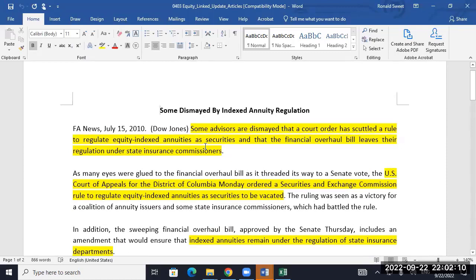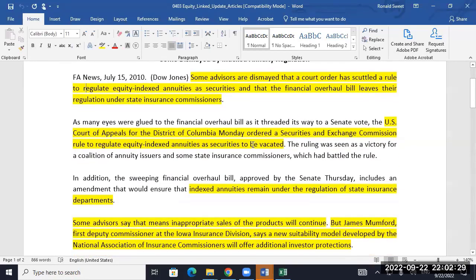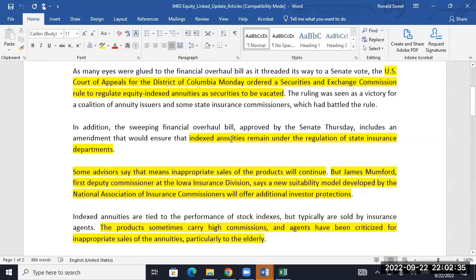There was much discussion this May, as they say here, that the SEC did not come in and regulate this. Some advisors are really upset that the court shut this down. The U.S. Court of Appeals ordered the SEC rule to regulate equity index annuities to be vacated.